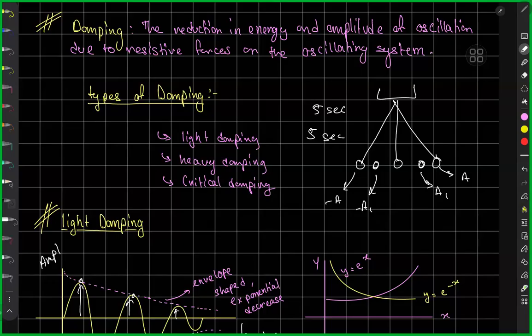So what am I saying over here? The frequency or the time period of the oscillation doesn't really change with respect to the light damping as the oscillations proceed. Sure, the amplitudes decrease, but the frequency remains same. Okay, so the frequency of the oscillation remains same. Got that?